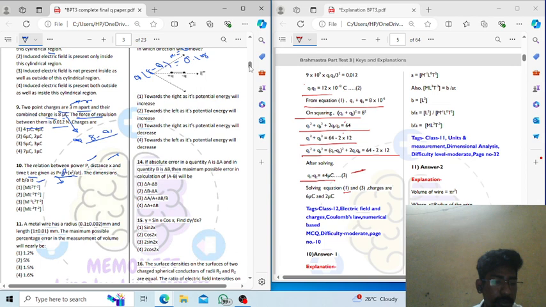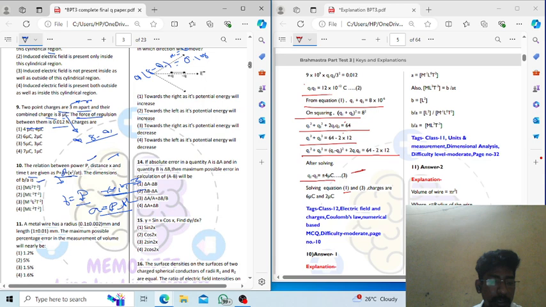And the dimension of power is equal to M L squared T to the minus 2 divided by T, that means it will become M L squared T to the minus 3. Now, as I told you, x square by At has the dimension of P also. So from this you will get the dimension of A is equal to the dimension of P t square by x square.